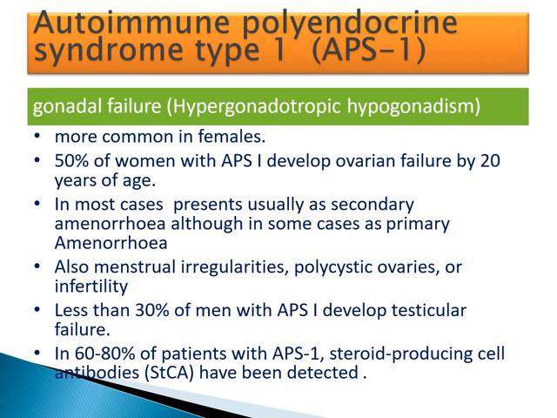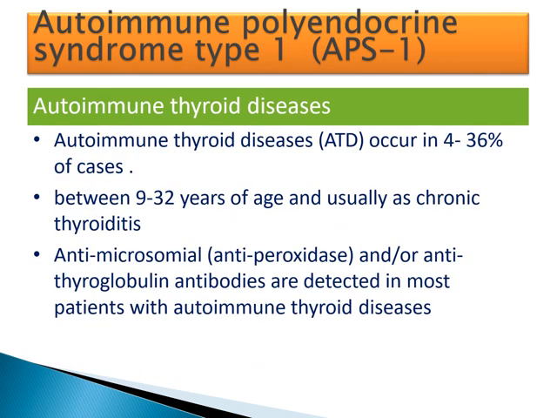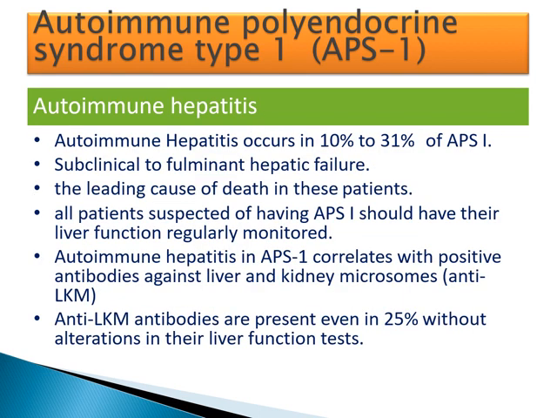Autoimmune thyroid disease, called chronic thyroiditis, occurs in 4 to 36% of cases between 9 and 32 years of age. Antimicrosomal, antiperoxidase, or antithyroglobulin antibodies are detected in most patients with autoimmune thyroid disease. Autoimmune hepatitis occurs in 10% to 31% of APS1 patients, ranging from subclinical to fulminant hepatic failure, and it is the leading cause of death in these patients.